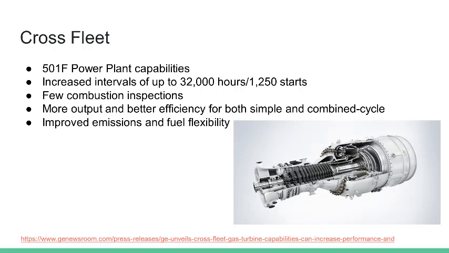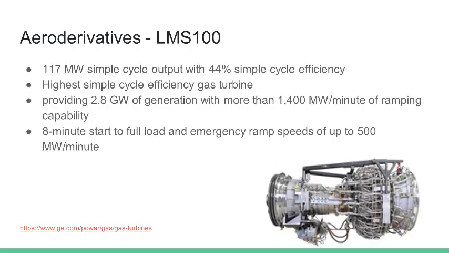It has more output and better efficiency in both simple cycle and combined cycle operations, and improved emissions with lower turndown and fuel flexibility. In the aeroderivatives, we have the LMS100. The LMS100 has 117 megawatt simple cycle output with a 44% simple cycle efficiency.